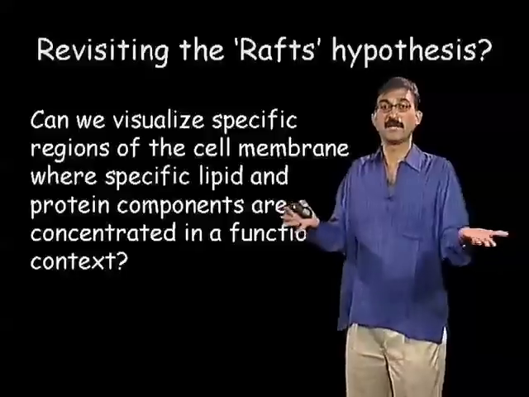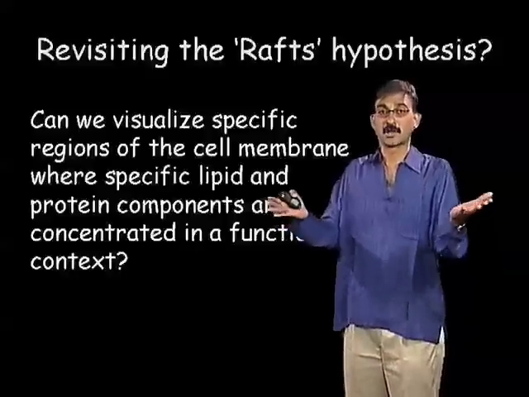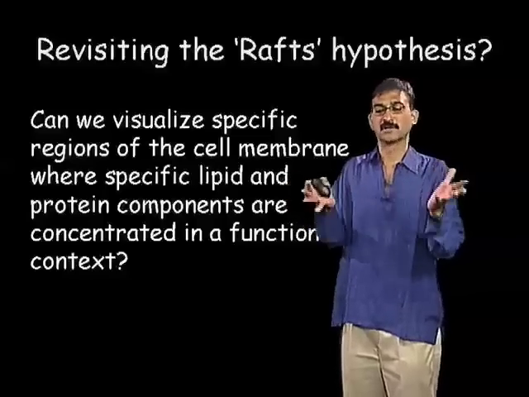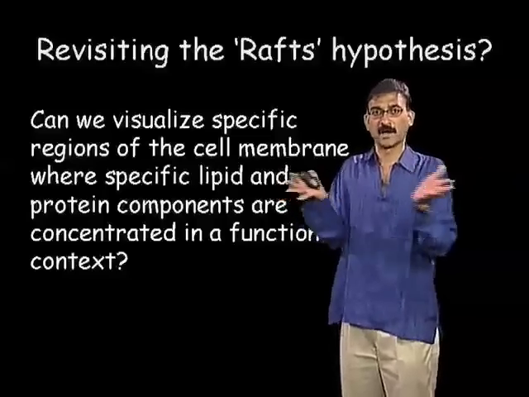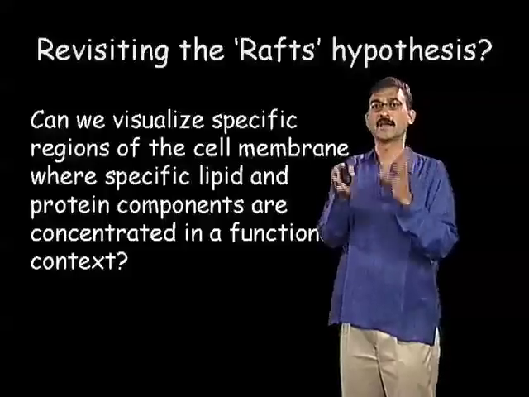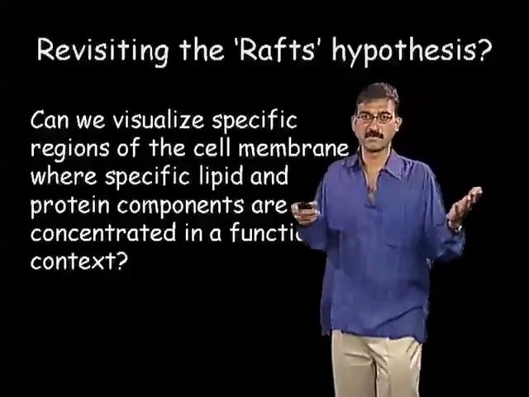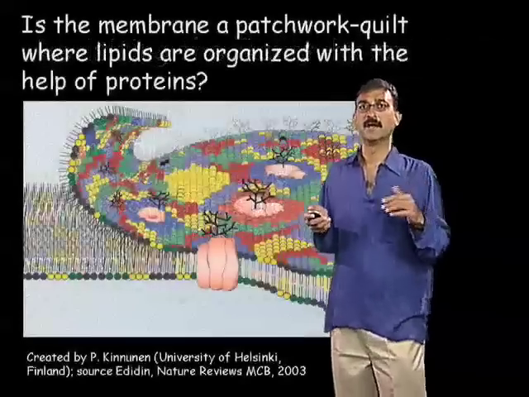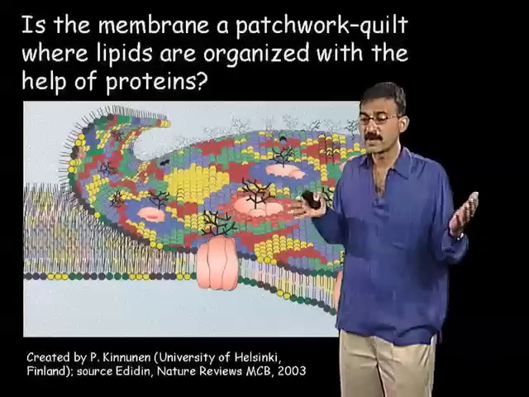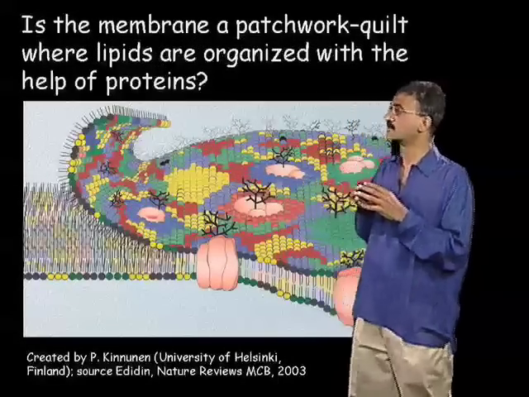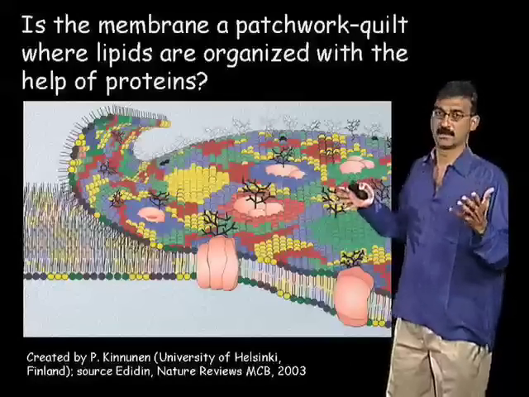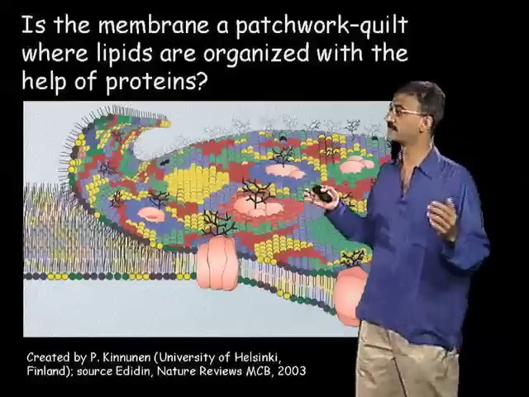Can we literally look at these regions where components of certain functional content and context are concentrated? And can we observe them, and can we watch them functioning in cell membranes? And in fact, is the membrane really a patchwork quilt where lipids are organized in some form or the other, perhaps with the help of proteins?